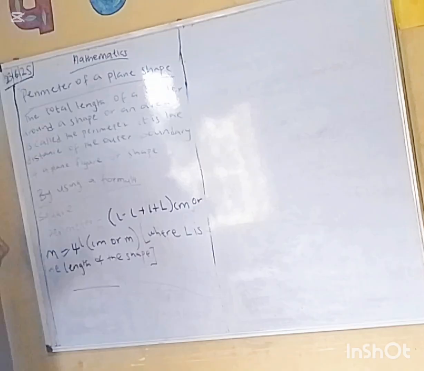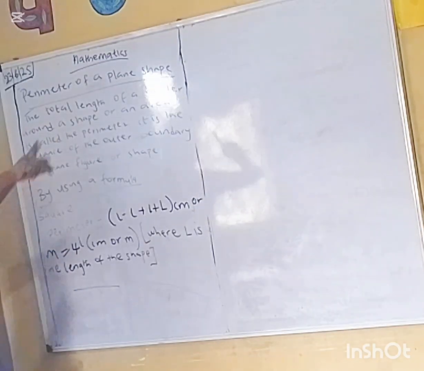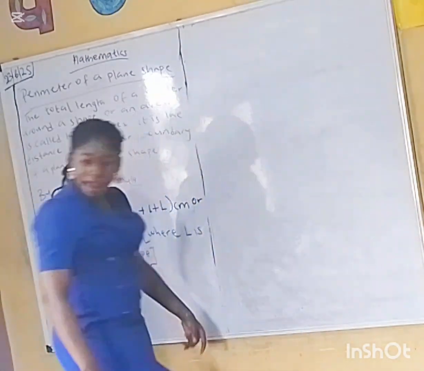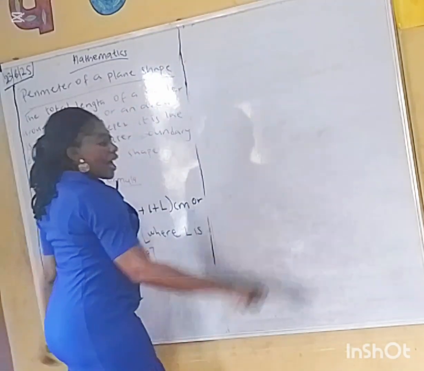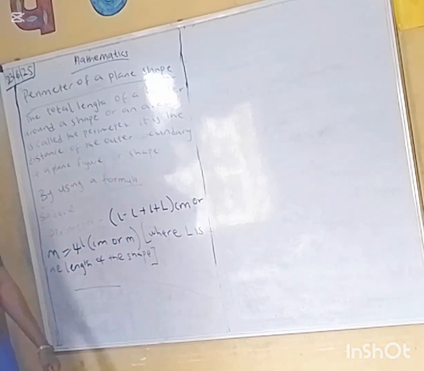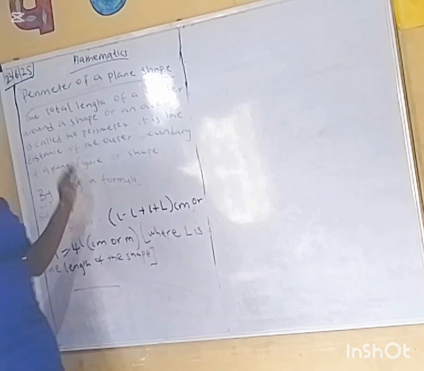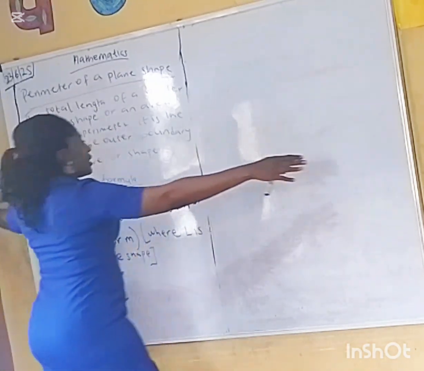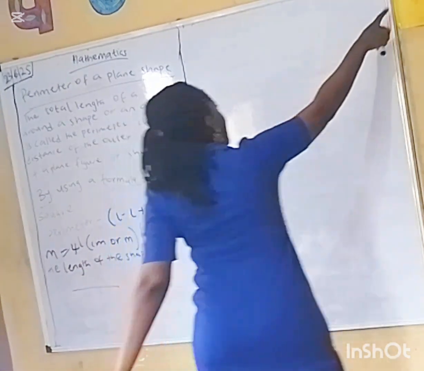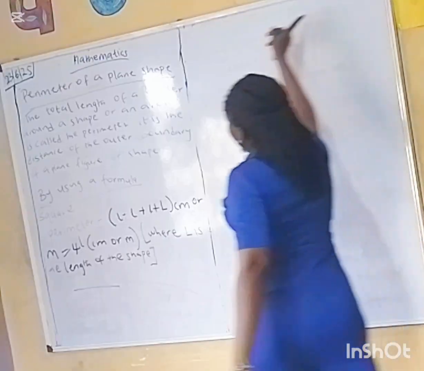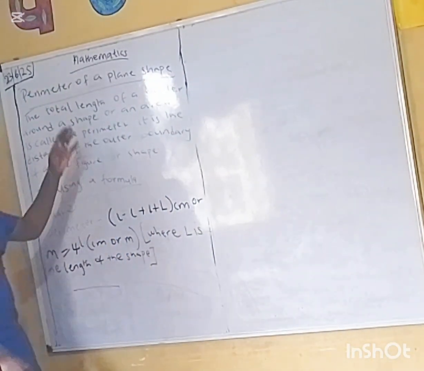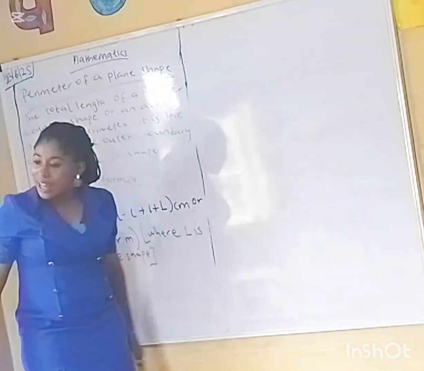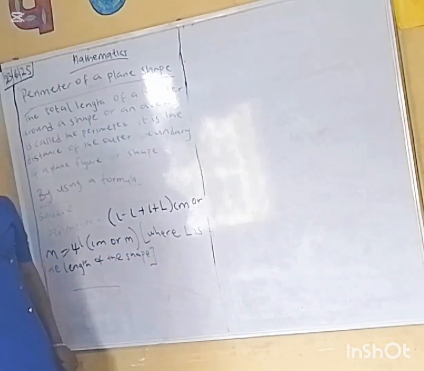There's a difference between a square and a rectangle. This is not a square. Why? Because a square has all the sides equal, but for a rectangle you just have the opposite sides equal. If you measure it, is this length the same as this? Good. Because it's not the same, this side is longer, that makes it a rectangle.